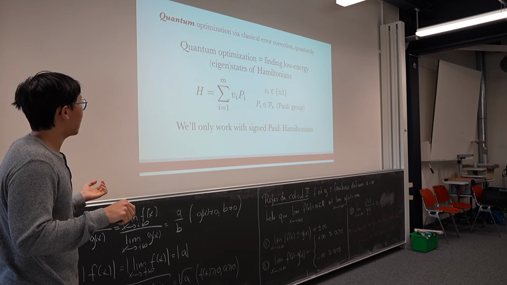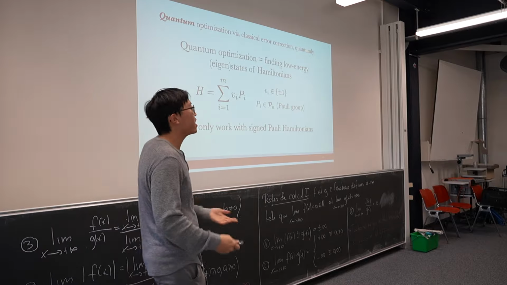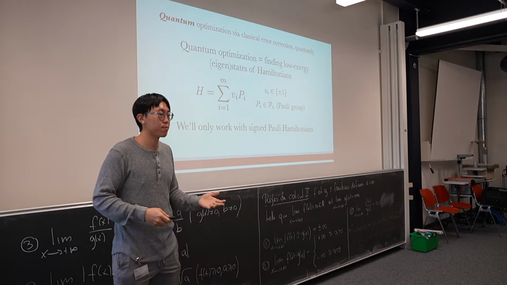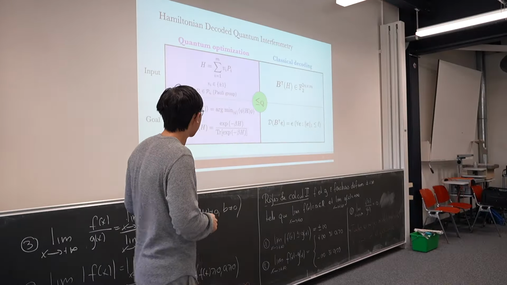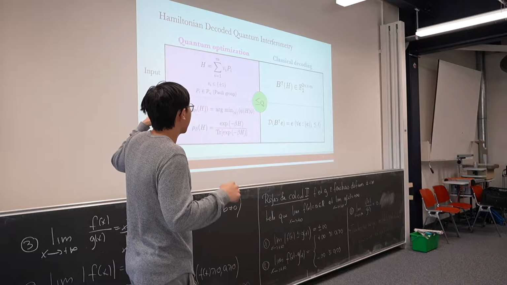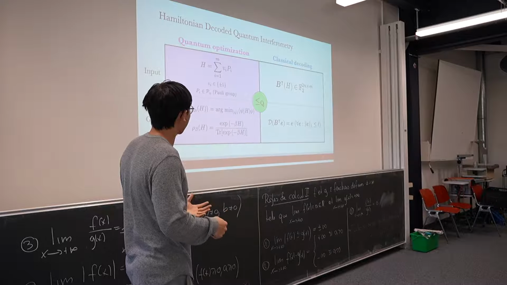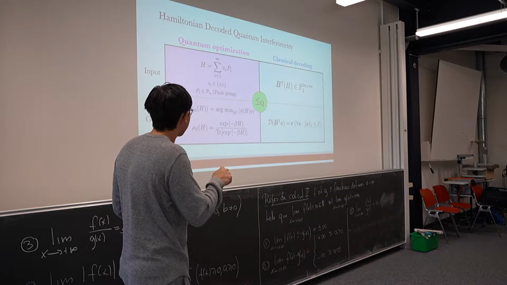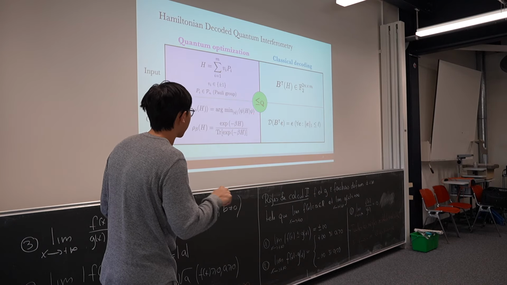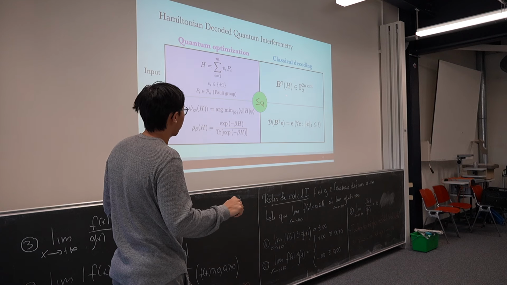And by optimization, I mean like finding the ground state, finding low energy states, finding a Gibbs state, those kinds of things for a Hamiltonian. In particular, our work, HDQI, is a quantum reduction between this type of quantum optimization with a signed Pauli, whose goal is to do things like find ground states or find Gibbs states, into a classical decoding problem.